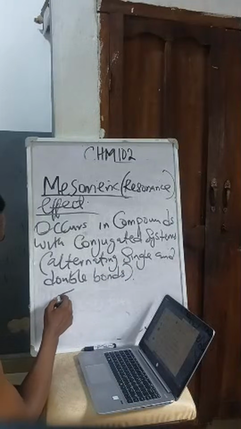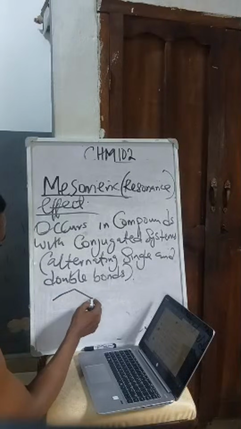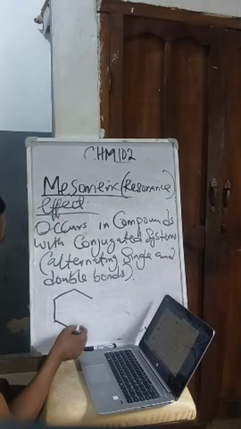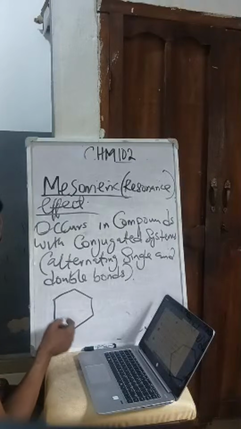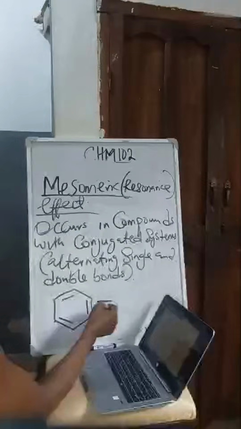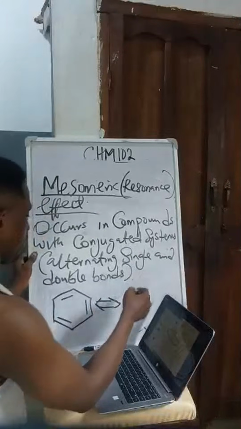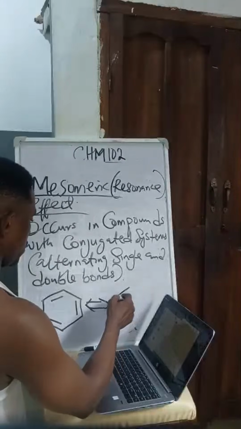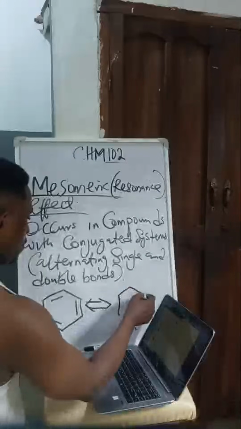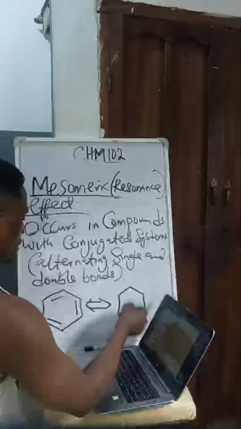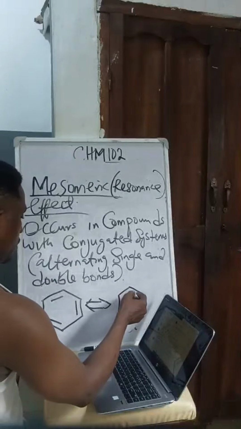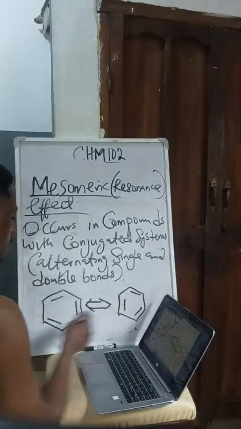For example, we have this, this, this, and this. Okay. We also have this, this, this, and this.